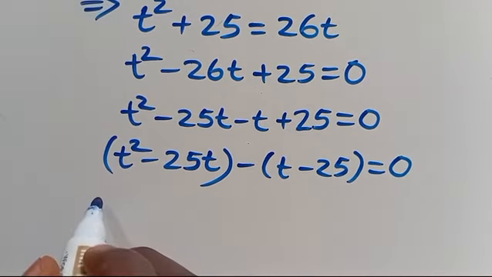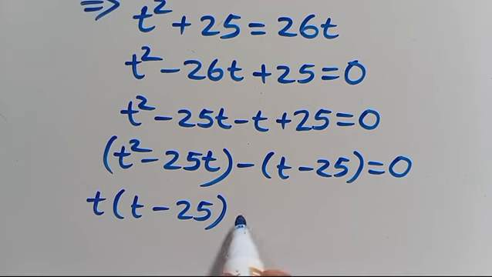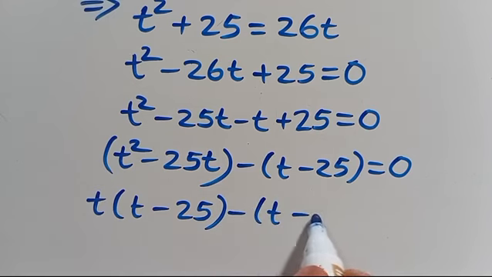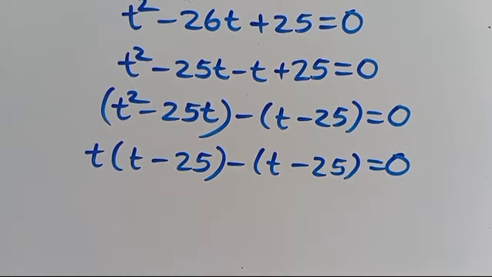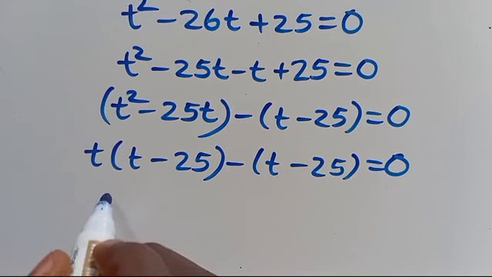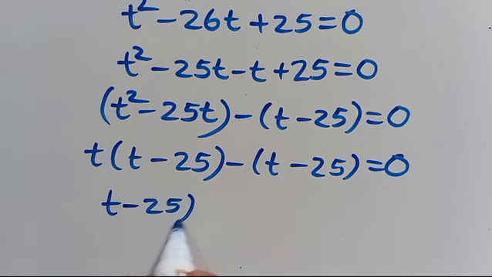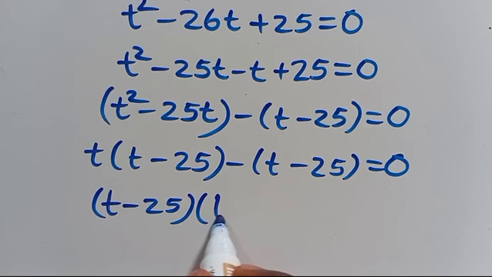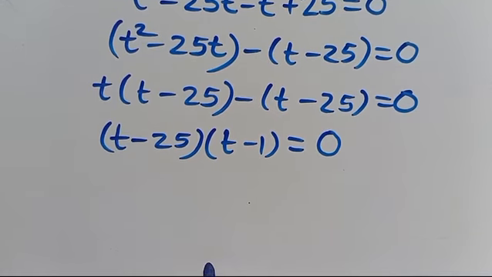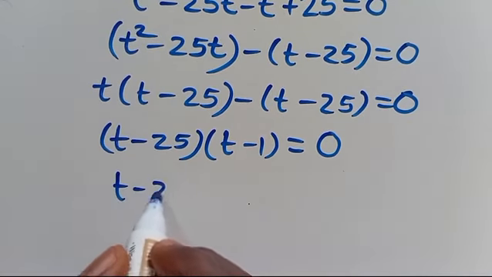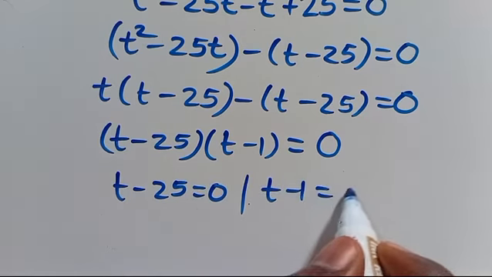So from here we have t into t minus 25, minus 1 into t minus 25 equals 0. So we have t minus 25 in common. This will now be t minus 25 times t minus 1 equals 0. So we have t minus 25 equals 0, or t minus 1 equals 0.